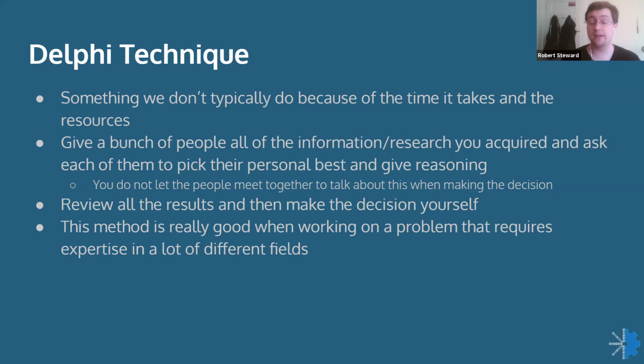What's nice about something like this is you can ask people in a wide variety of fields for their personal experience in a solution. And being able to do that really helps you actually get a good understanding in some fields that you may not be great in. Like, I know I'm not really experienced in software or hardware engineering.